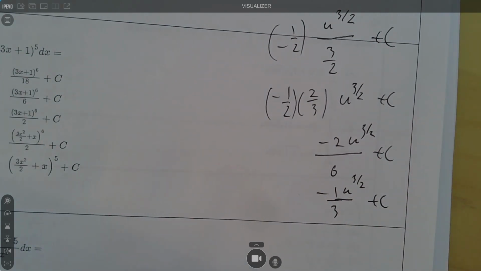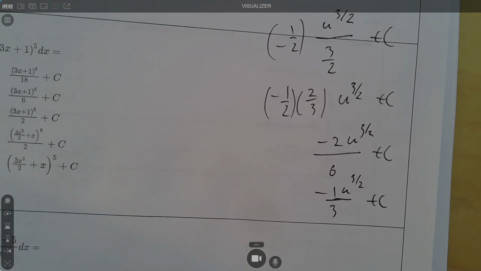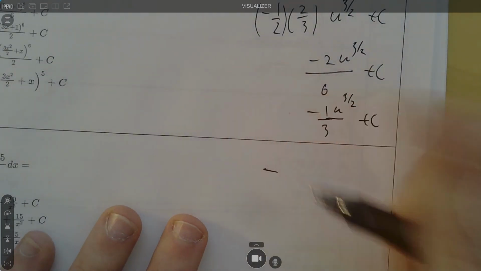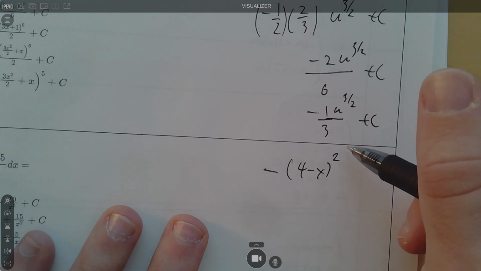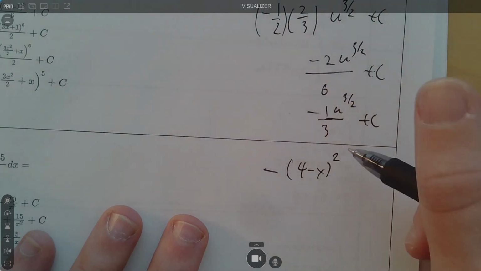And then at this point, we have to plug the u back in. So our u originally was 4 minus x squared. So we're going to plug that back in here. We're going to get negative 1/3 times 4 minus x squared, all to the 3/2.